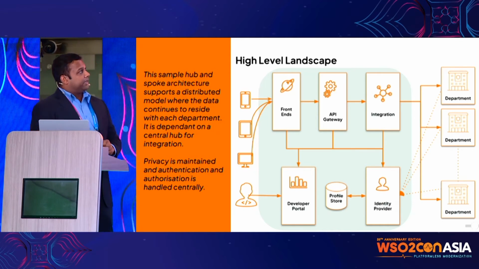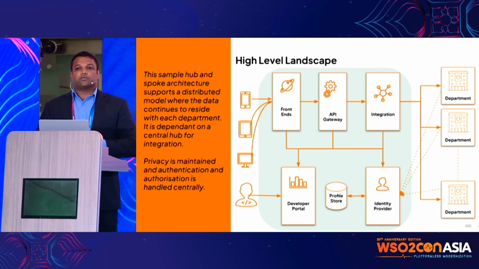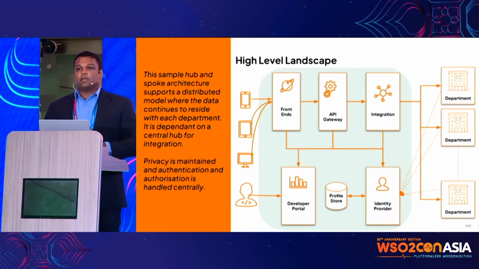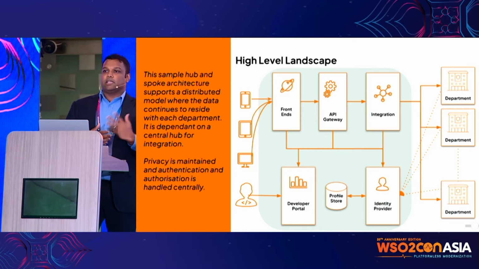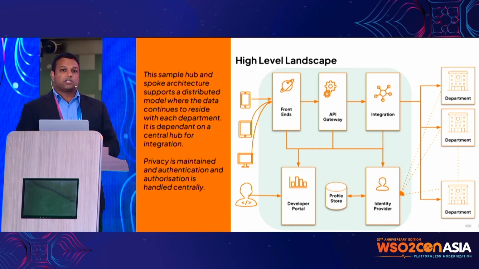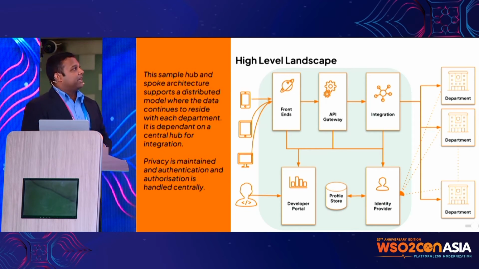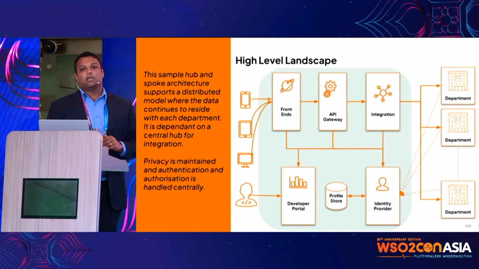The integration layer that you can see in the top right is the component that's responsible for gathering data from all these back-end agencies, manipulating the data, changing protocols, and standardizing the data formats which are used to exchange information with external parties. Your API gateway is the mechanism used to expose this information to third parties.